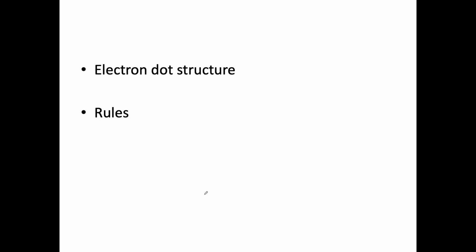Now, lastly, in this first part of the review, we're going to look at electron dot structures, the rules. 8 electrons are required for an unreactive set.